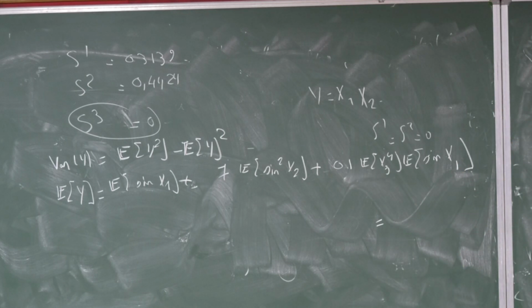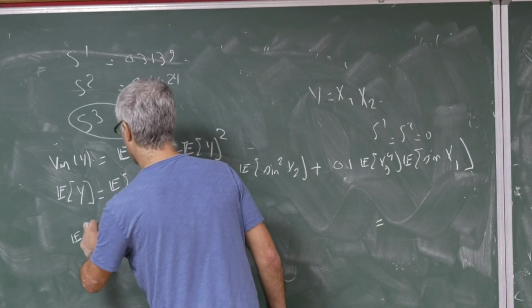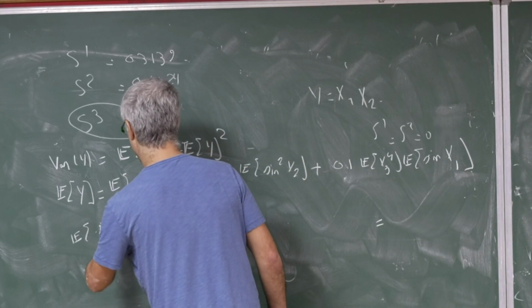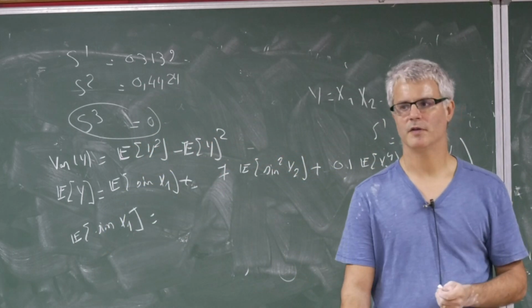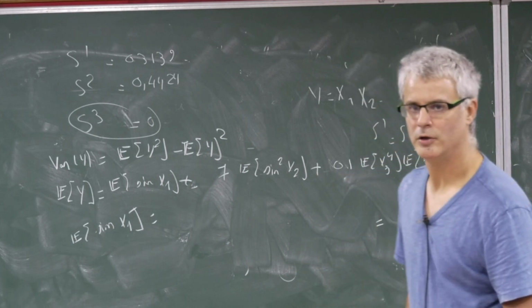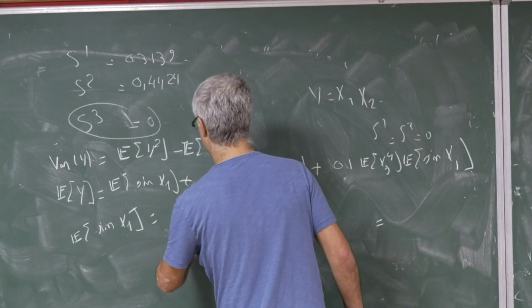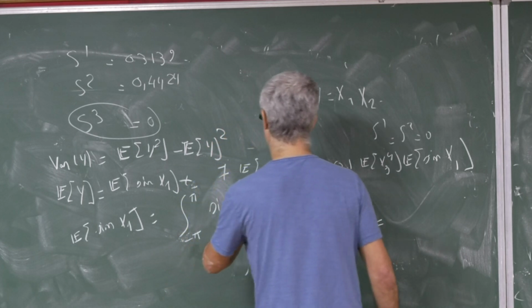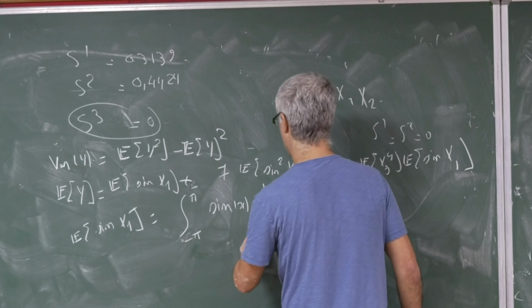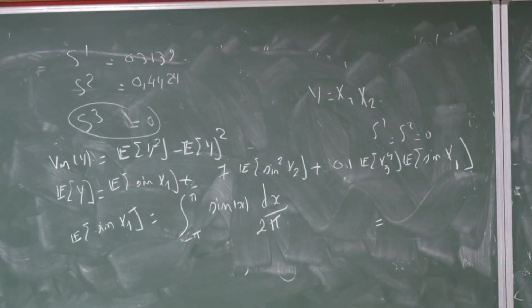And now you just have to compute, for example, what will be the expected value of sine to the power 1 of x1. We know the law, so this is just the integration between minus pi and pi, and that would be 0.